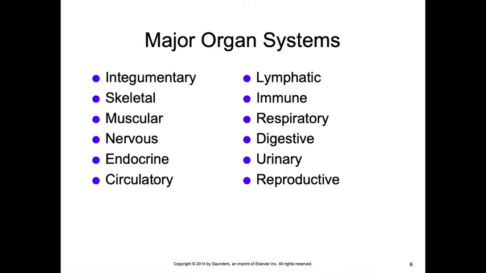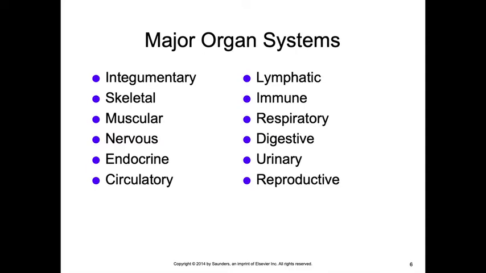If we look at the different organ systems, we'll go through them one by one. They include the integumentary system, which is made up of your skin, your hair, your nails, and their associated glands. The skeletal system, which is made up of your bones and cartilage. The muscular system, which is made up of the three kinds of muscle tissue: skeletal, which is attached to your bones; smooth, which is in your organs; and cardiac muscle, which is only found in the heart.